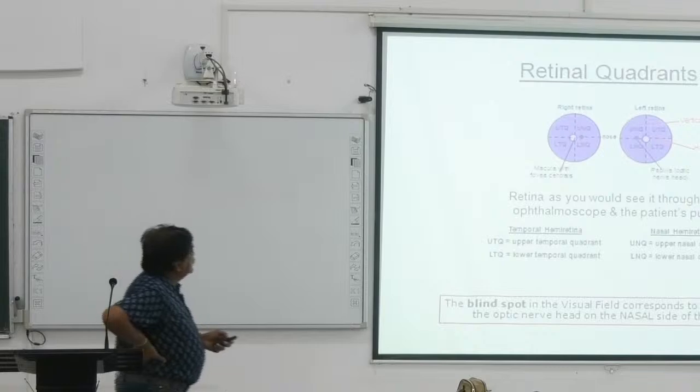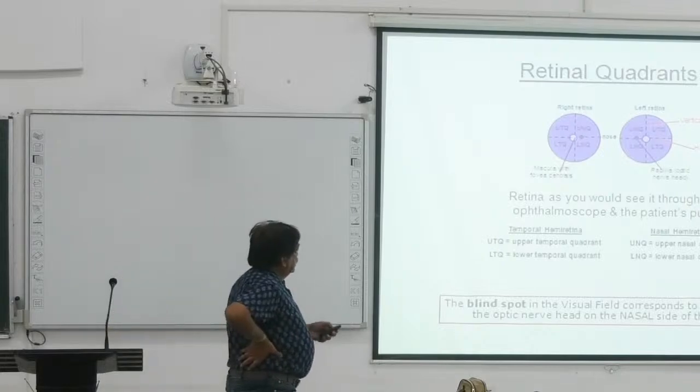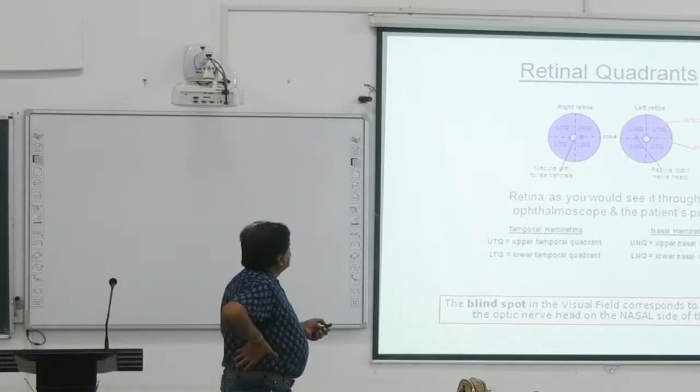Retinal quadrants, yeah, this is what I was speaking. The retina, as you would see it through the ophthalmoscope and the patient's pupil. This is the upper temporal quadrant, lower temporal quadrant, upper nasal quadrant, lower nasal quadrant.